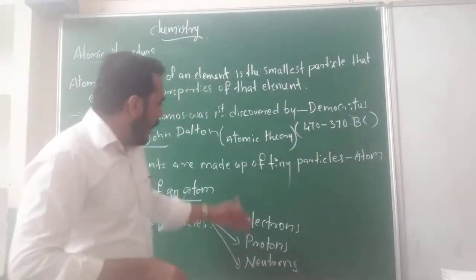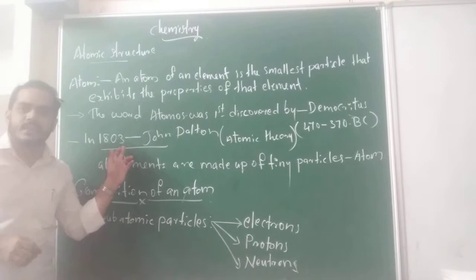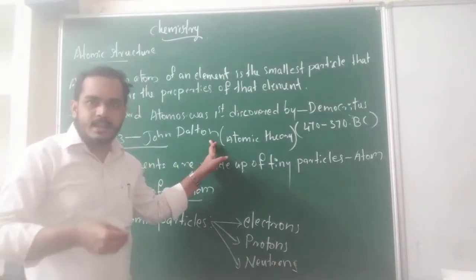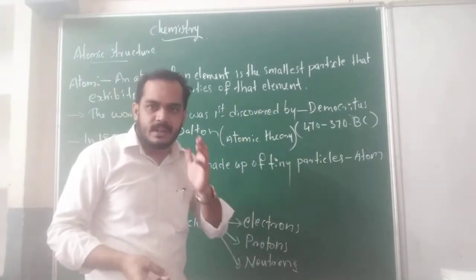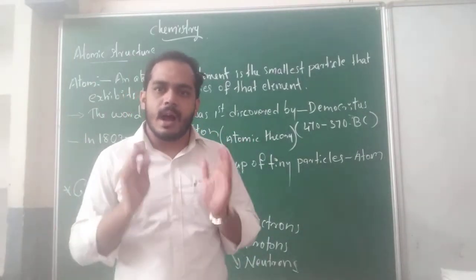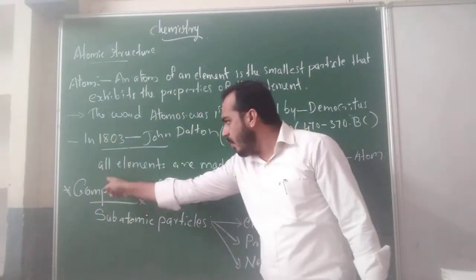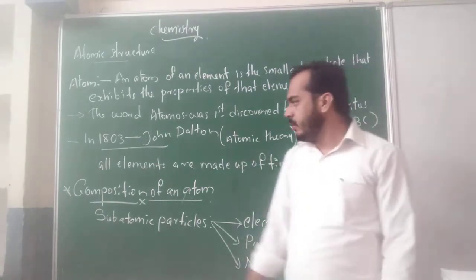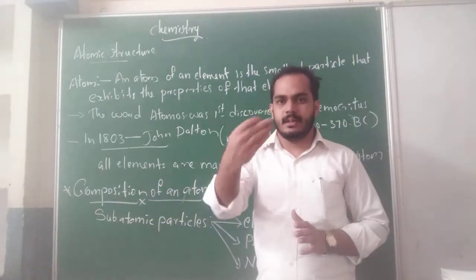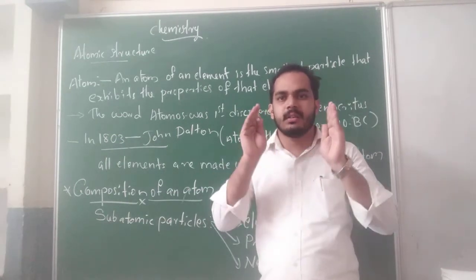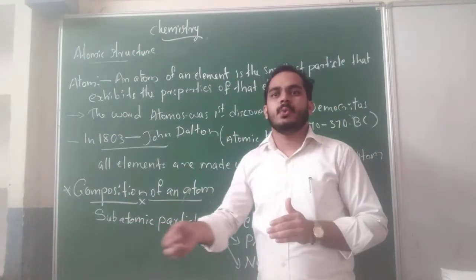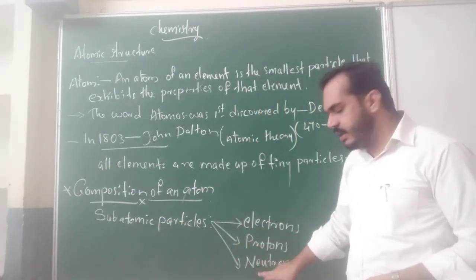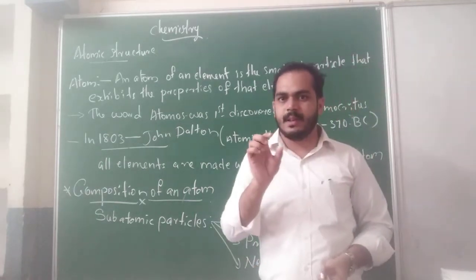And in 1803, the famous scientist John Dalton established the atomic theory, which gives a detailed explanation about atoms. He mentioned all elements are made up of tiny particles called atoms. The composition of an atom is that it is divided into three subatomic particles: electron, proton, and neutron. All of you learn it very carefully.